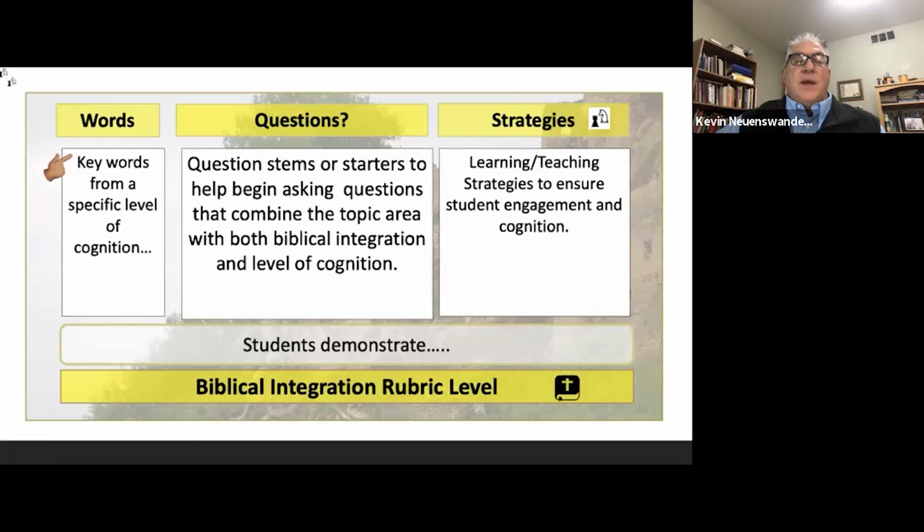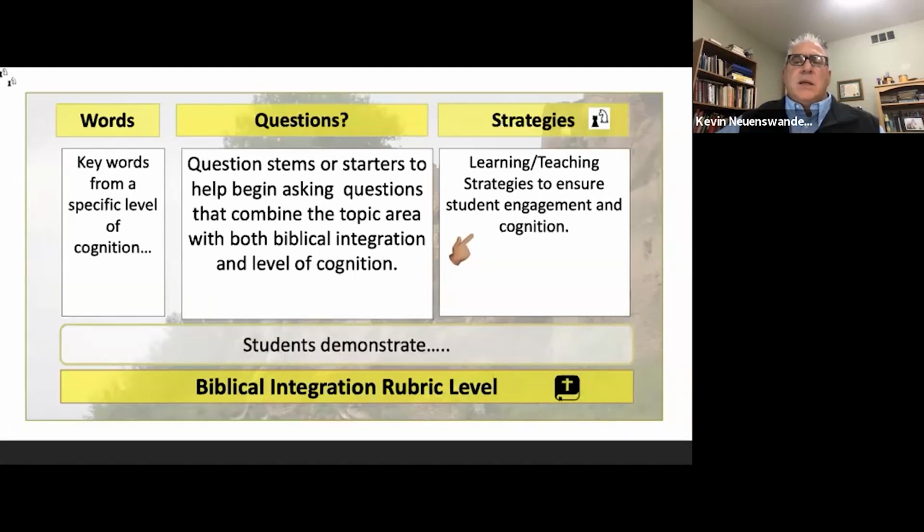These key verbs, if you are familiar with Bloom's taxonomy, they have key verbs for each level. Here are the questions. These are question stems or prompts or question starters to help begin asking questions that combine the topic area with both biblical integration and level of cognition. Here you have the strategies that I just talked about.